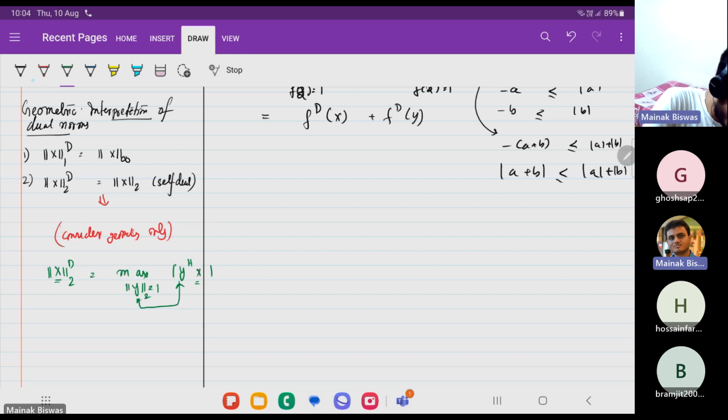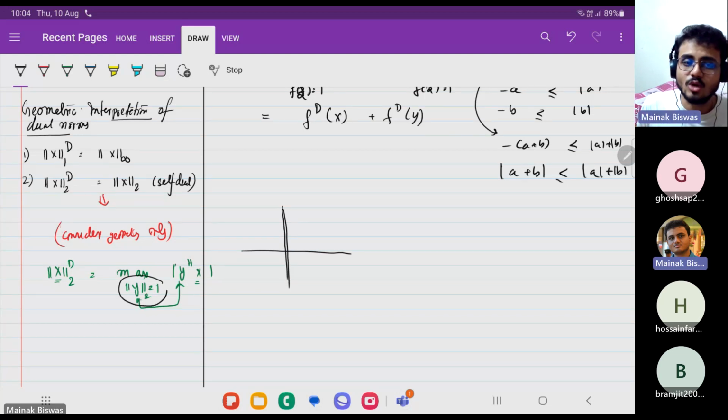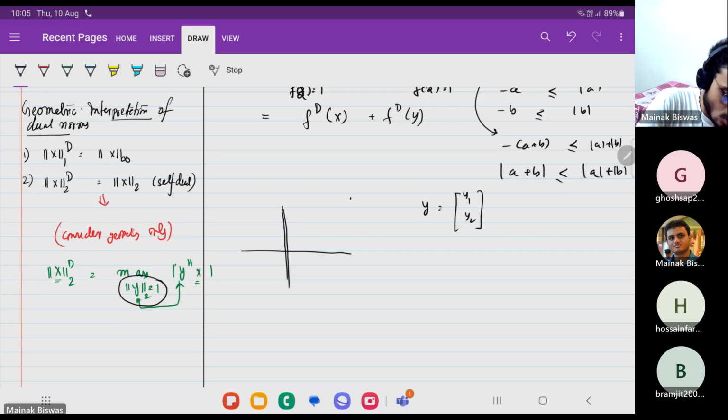So what does it say? Where will you get this quantity? You have to find the set over which you want to maximize. So what is the set? I've already discussed this. Let's take y as y1 comma y2. So y norm less than or equal to 1, what does it mean?